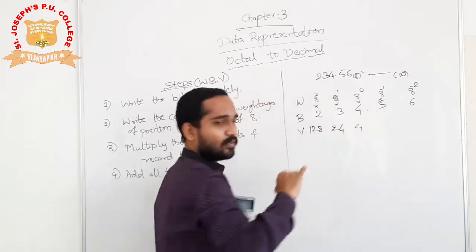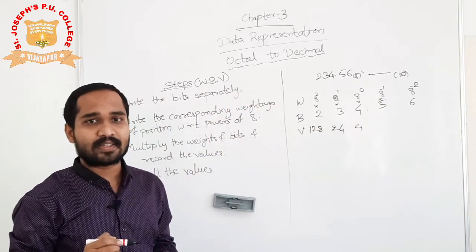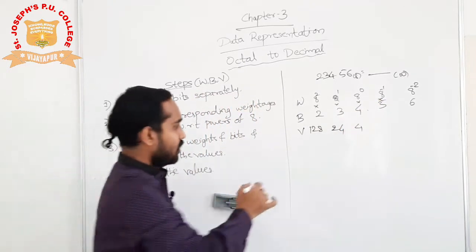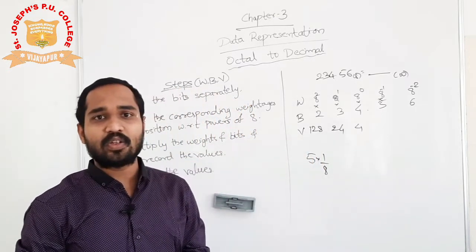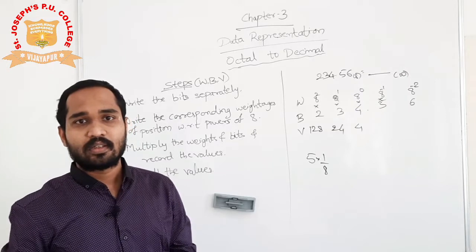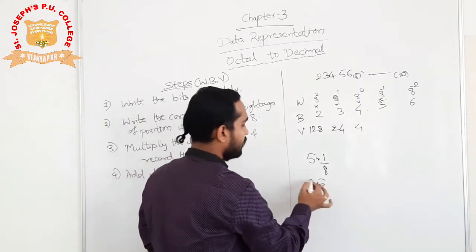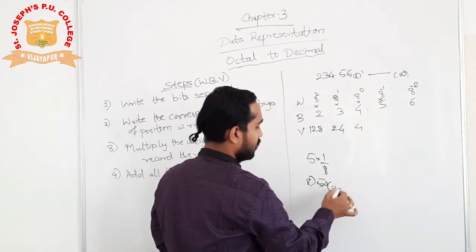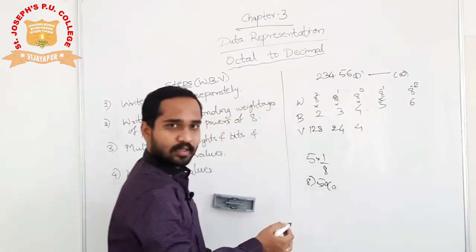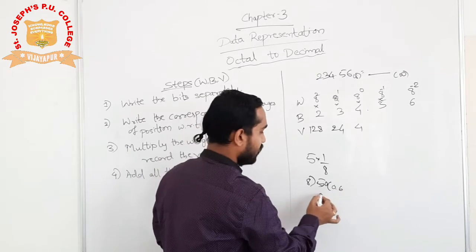Correct? Now 5 into 8 raised to minus 1. Okay. So when it is 8 raised to minus 1, it is nothing but 1 by 8. 5 into 1 by 8. Now what is this 5 into 1 by 8? That means 5 by 8 you have to do. 5 by 8. Okay. Point you take. Then yes. What's the next? 8 6s are 48.